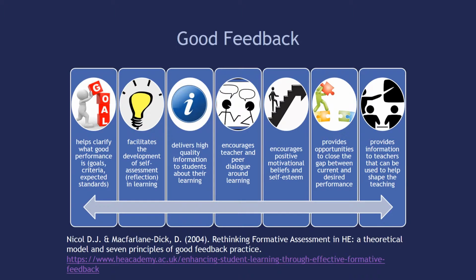So Nicol and Macfarlane-Dick have come up with seven principles of good feedback practice, which I think pretty much sum up what good feedback looks like. So firstly, good feedback helps clarify what good performance is. So it might be goals, criteria, or expected standards. So this goes back to what I was saying about assessment being objective.